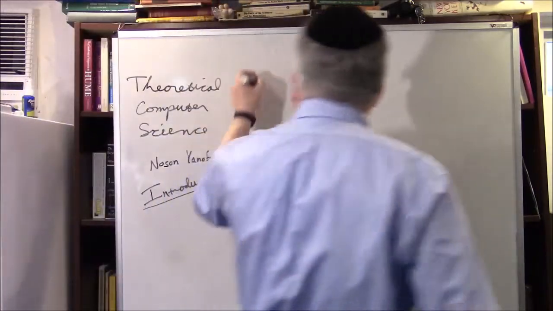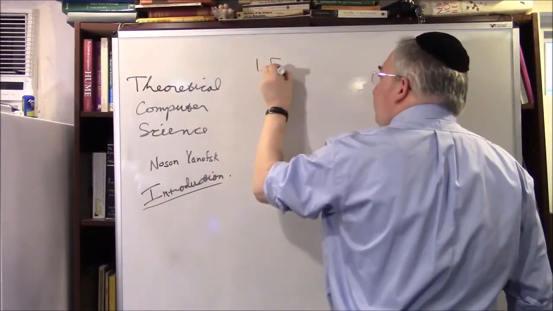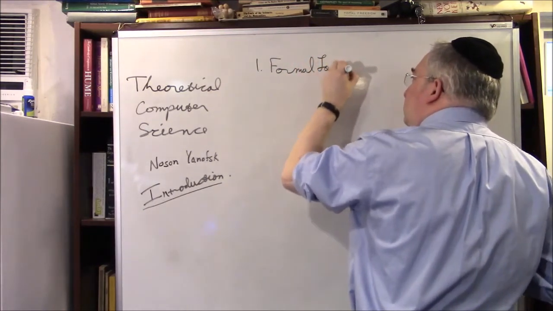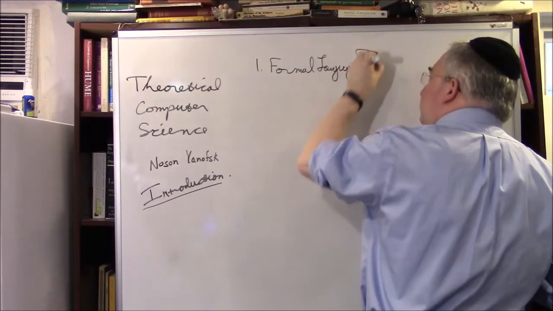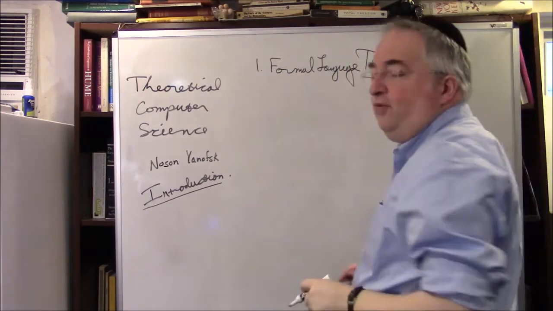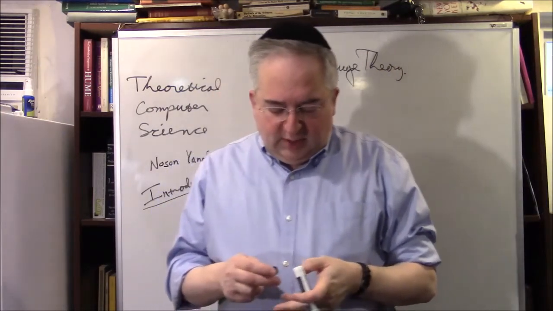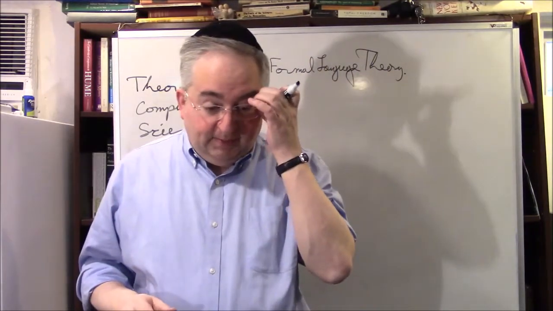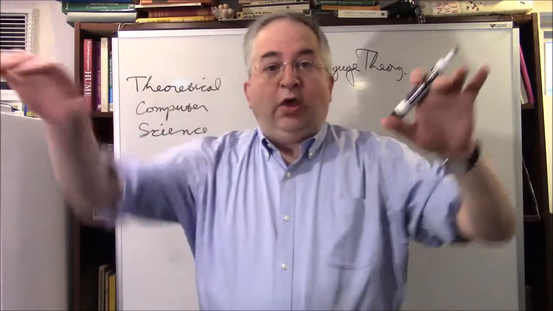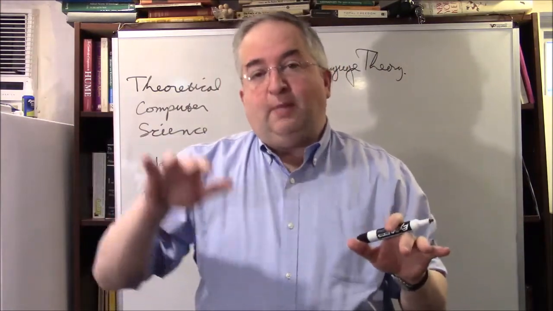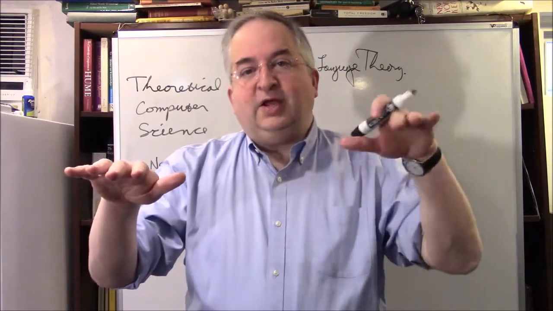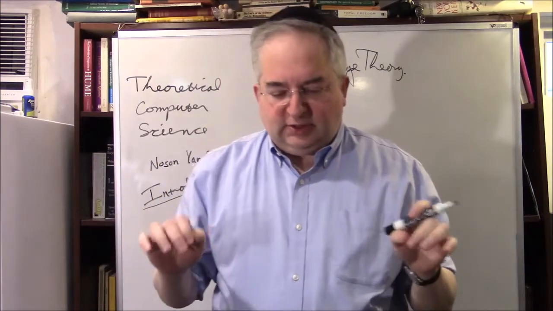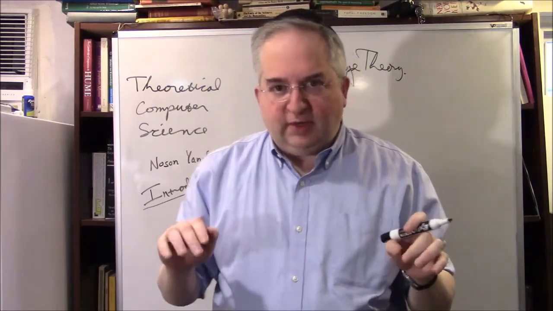The first part is called formal language theory. Formal language theory is a very interesting thing, and what it's about is as follows: the relationship between a machine and the language that machine understands. Okay? So let's put this a little bit carefully.